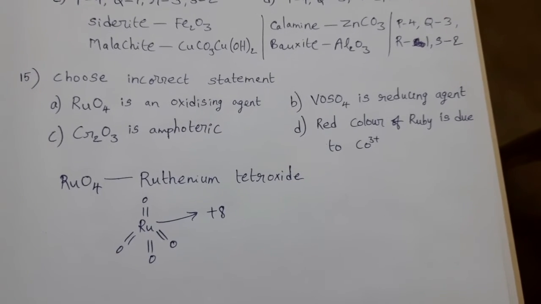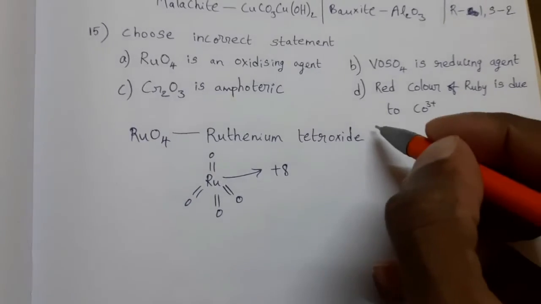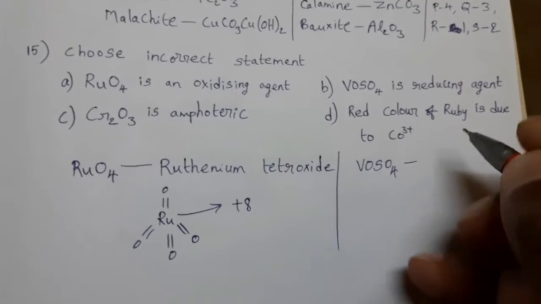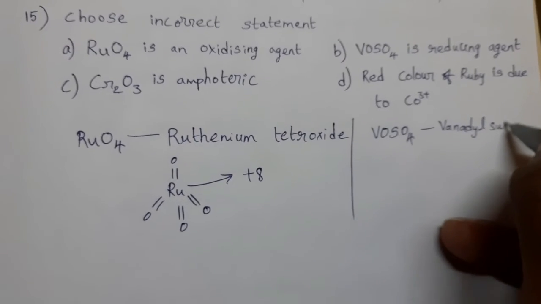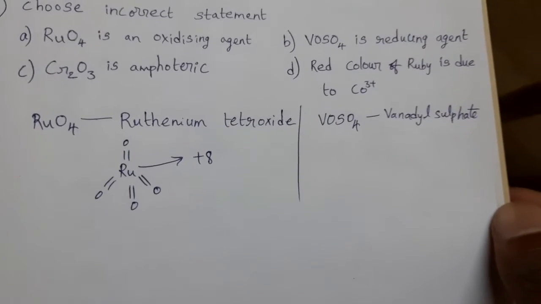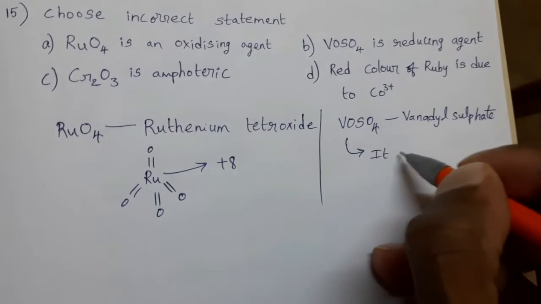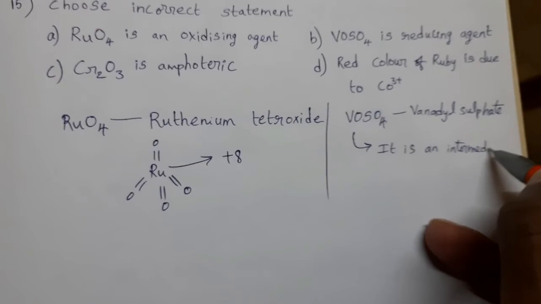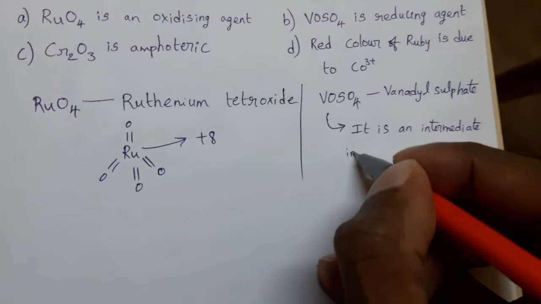Next, VOSO4 is a reducing agent. I think it is a very new compound. VOSO4, what is the name? Vanadyl sulfate. It is a compound of vanadium.